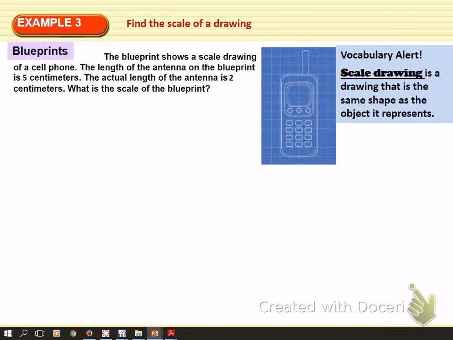Okay? So since the length of the antenna in the blueprint is 5 centimeters, I'm going to compare that to 2 centimeters of the actual antenna. Well, if we reduce this, we get 5 to 2. I'm going to go ahead and divide both of these by 2 so that my denominator becomes 1. We get 2.5 to 1.